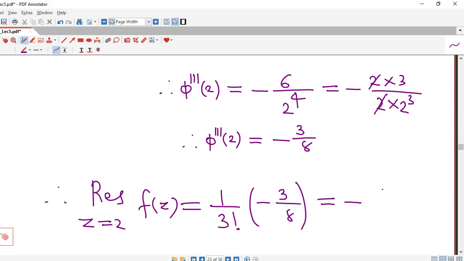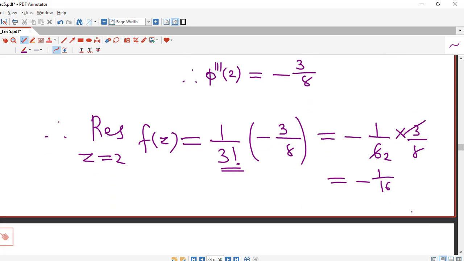So this is going to be minus, here we can write 3 factorial equal to 6. We take the negative sign outside, and here 3 will cancel out, giving minus 1 by 16. This we can denote by B1.